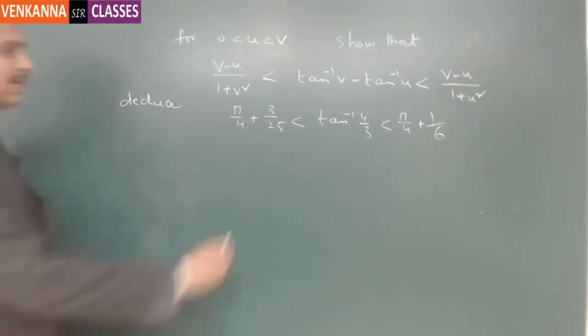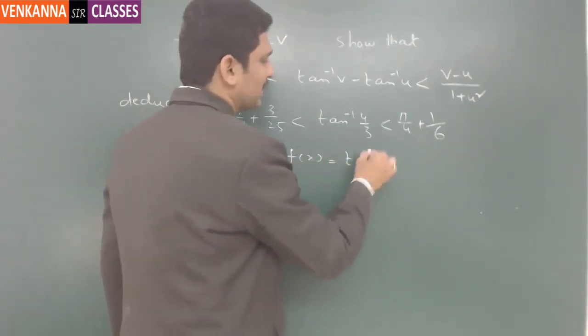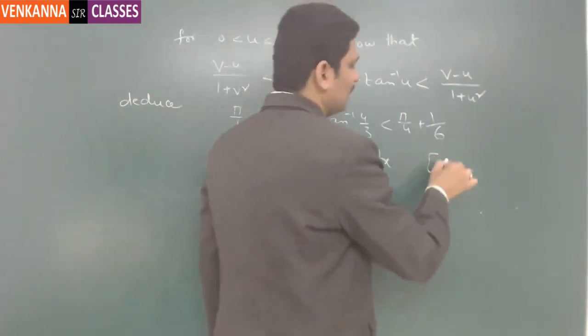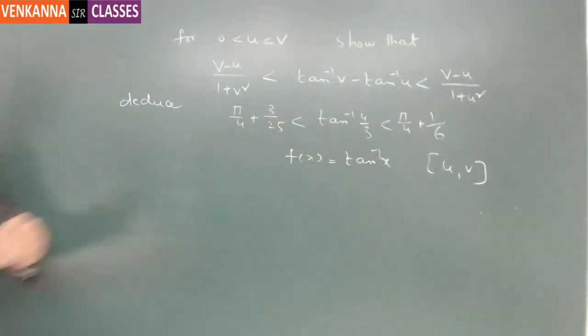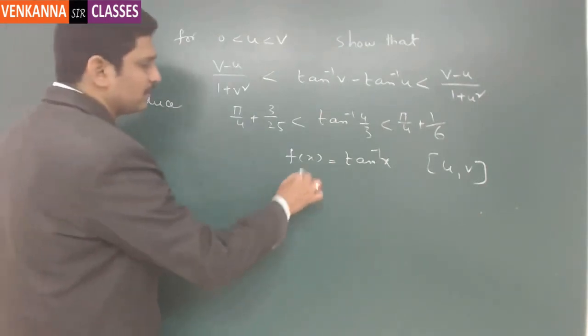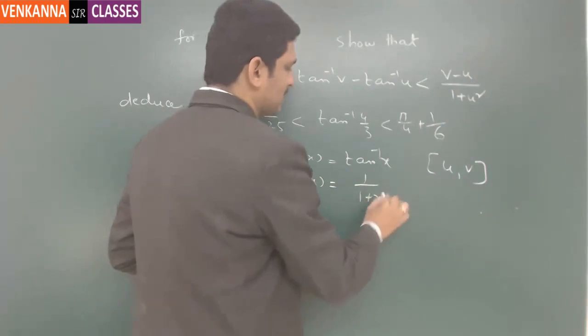So we take the function f of x equal to tan inverse x on the interval u comma v, where u is less than v and both are positive. If you go for the differentiation, f dash of x is equal to 1 by 1 plus x square.